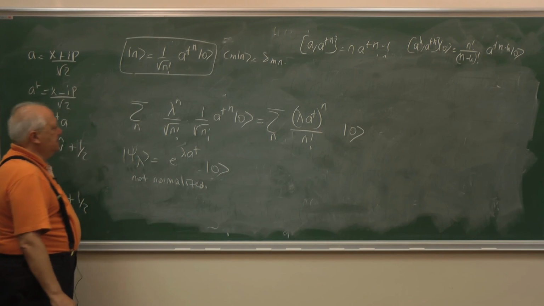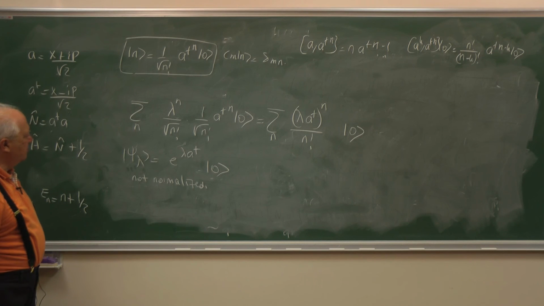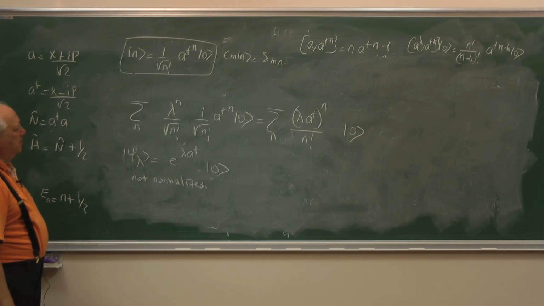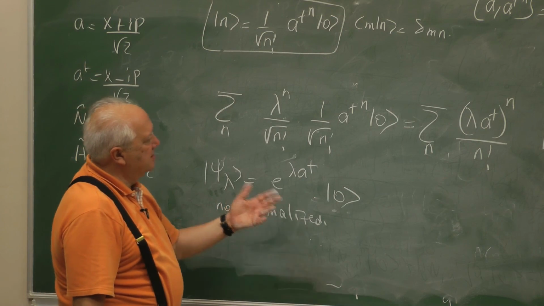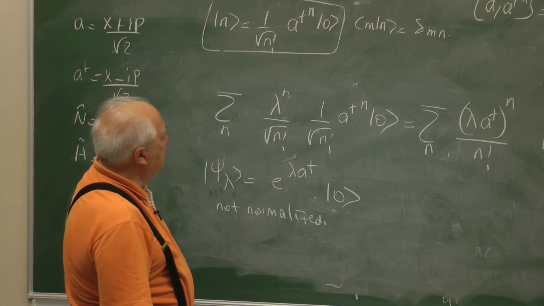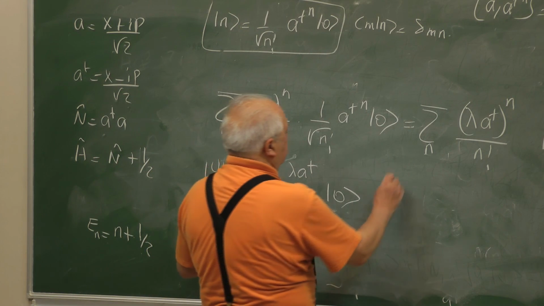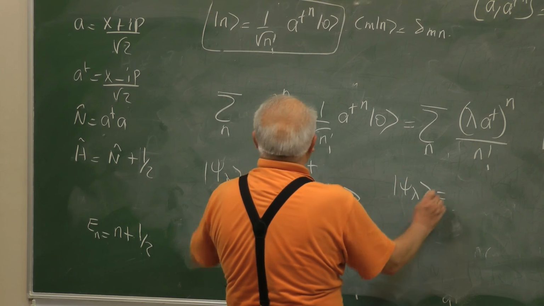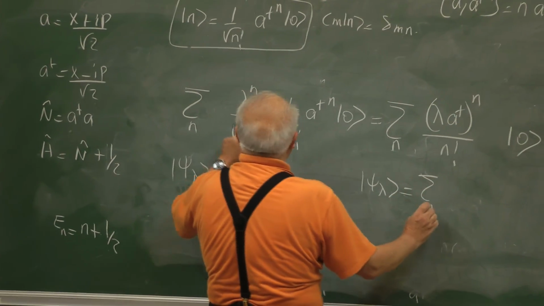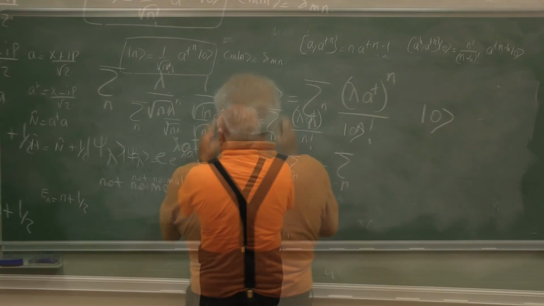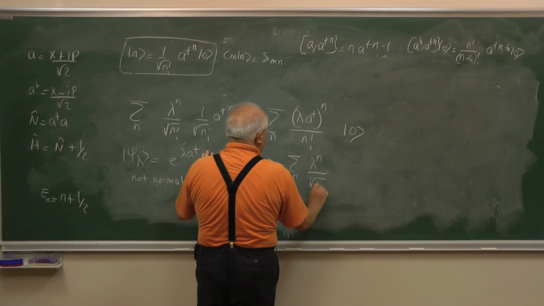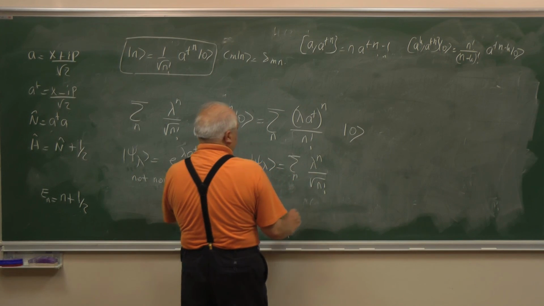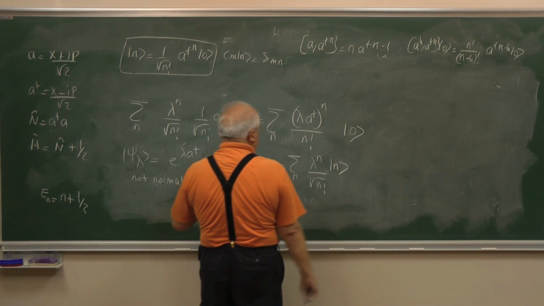However, we can normalize it, of course. It's a very nice thing to have a generating state. It generates these oscillator states. For example, psi lambda is the sum over n, so this component is simply n. So it is lambda to the n over root n factorial times state n.